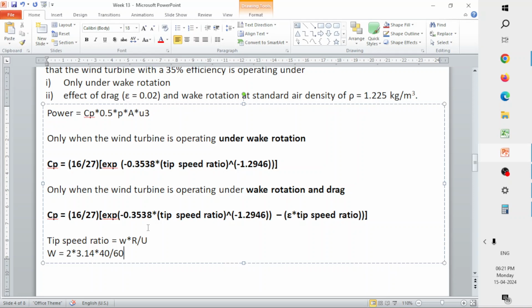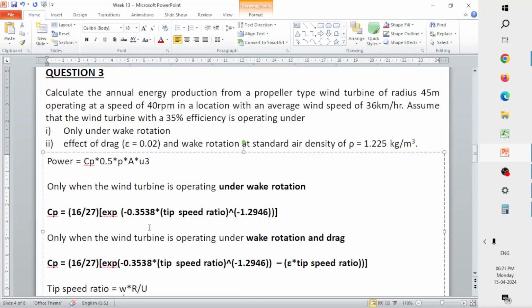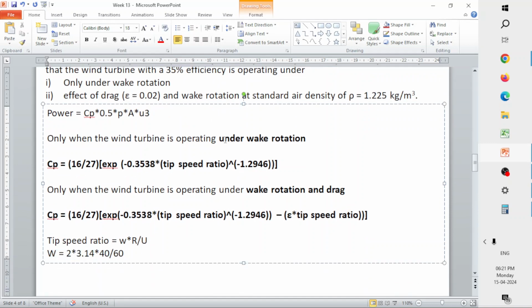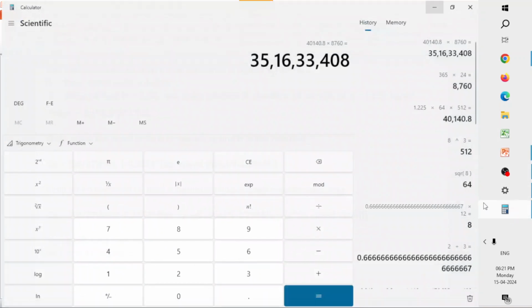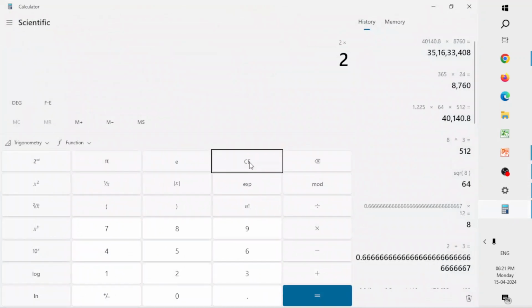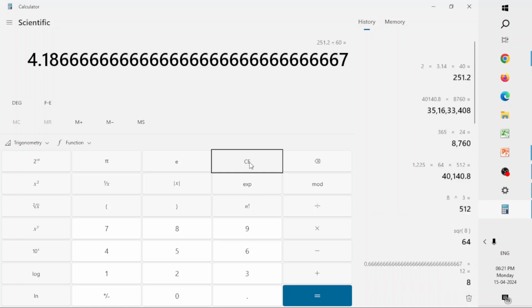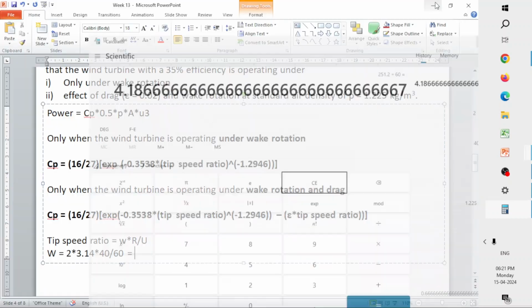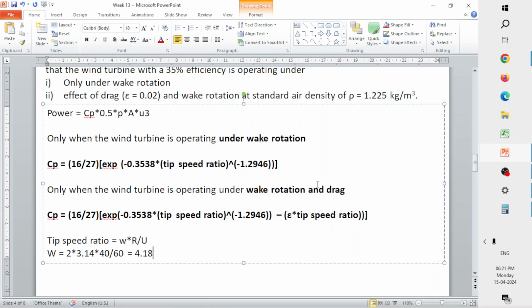So 2 times 3.14 times 40 divided by 60 gives 4.1866 radians per second. So this is the value of omega.